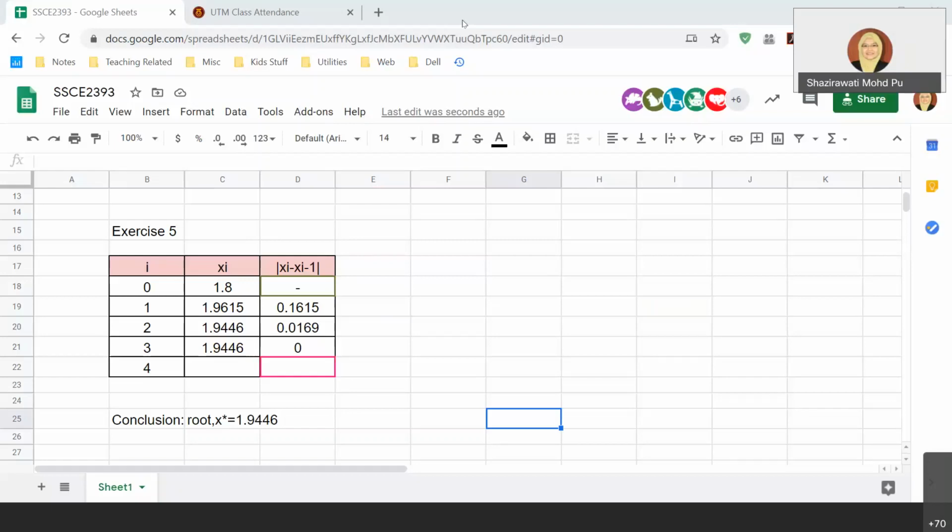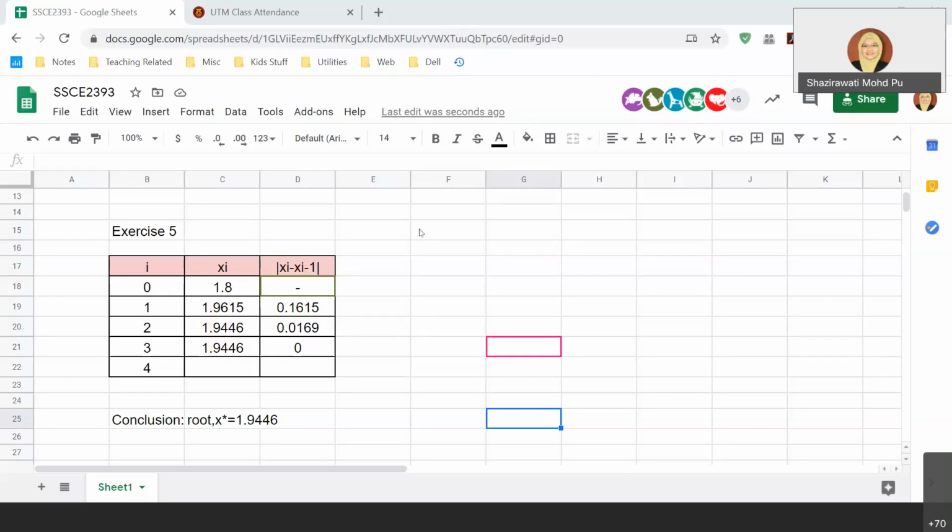All right. So 1.9446, right? So this is the correct answer. The root is 1.9446. But on top of that, you should prove the existence of the root first.